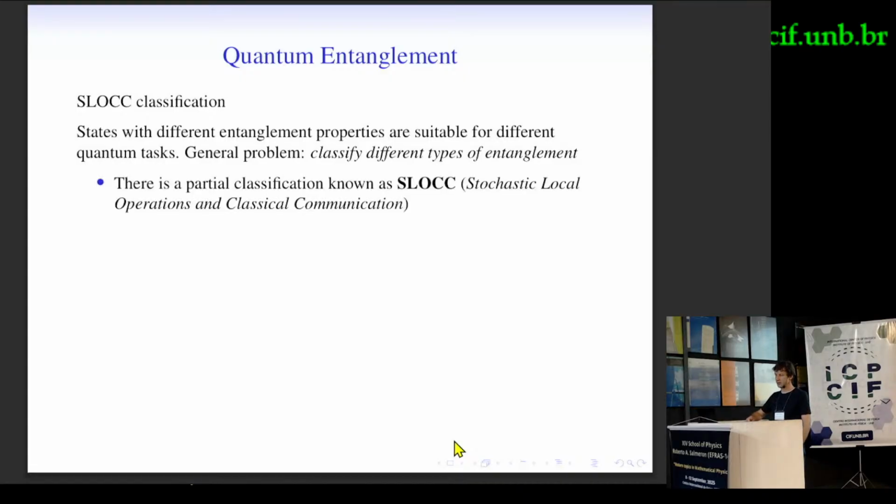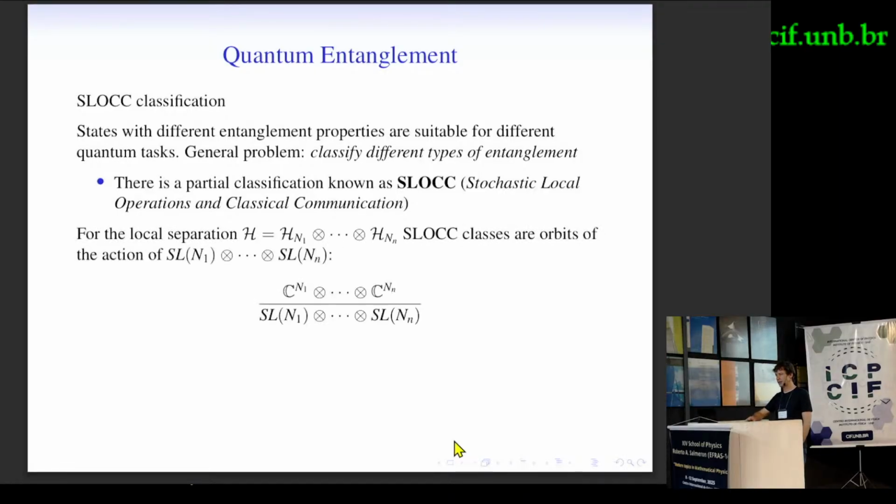Well, one classification that exists in quantum information theory is called classification by stochastic local operations and classical communication. I'll try to explain what this means using topological language. So this SLOCC classification wants to classify different entangled states in terms of the action of local operations.